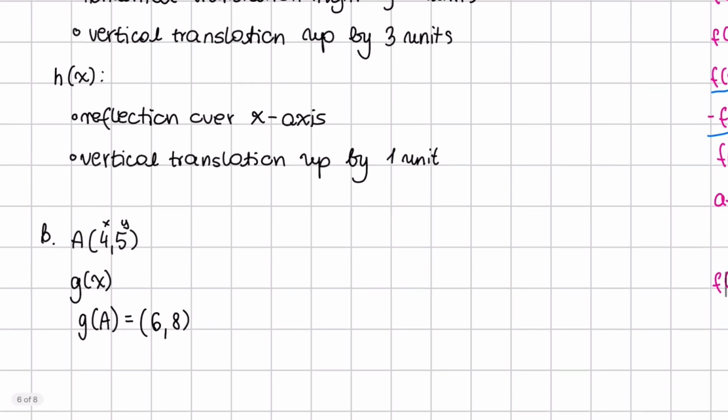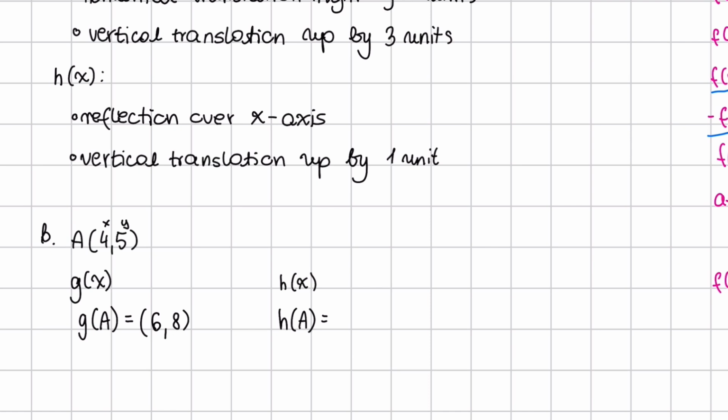In h we have a little bit different situation, because we have a reflection firstly. When we have reflection over the x-axis, our y changes the sign, because only our y is reflected. For example, we have a point with coordinates (3, 3), and we're reflecting it over our x-axis, so our new coordinates will be (3, −3).